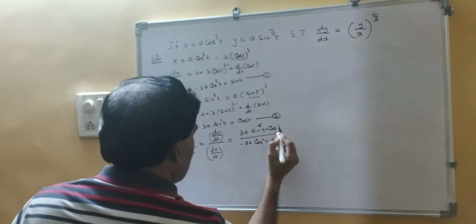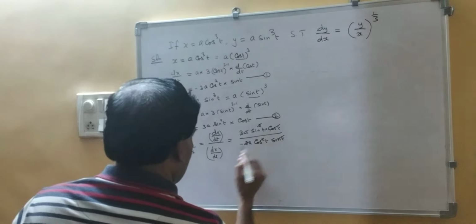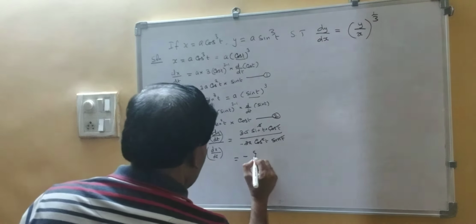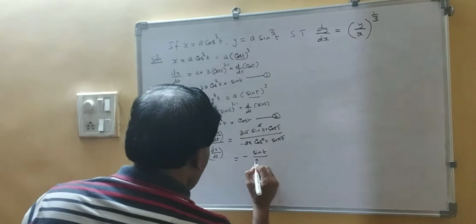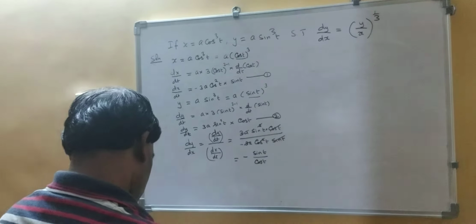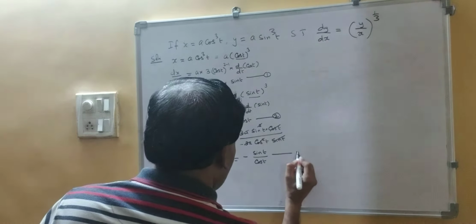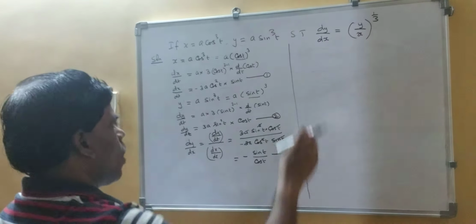Now, sin t cancels with cos t, and 3a cancels. So what you are having is minus sin t upon cos t. That much you have got. This is equation number 1. But look at this.